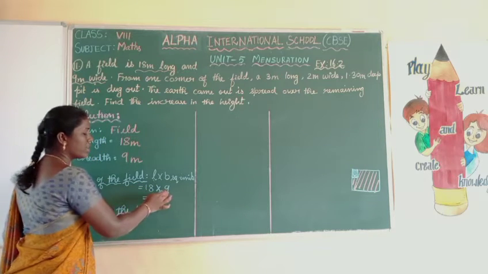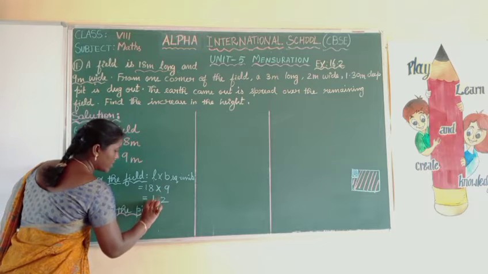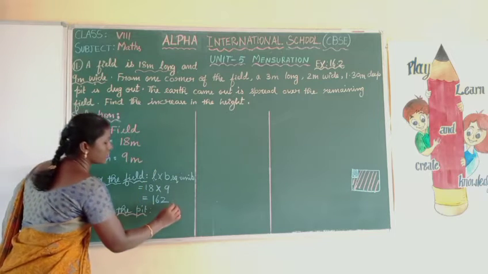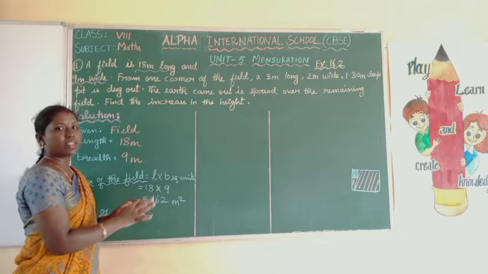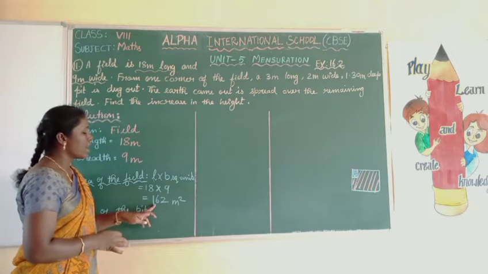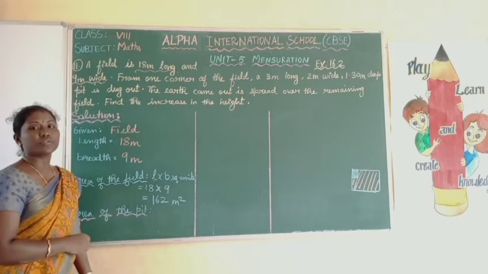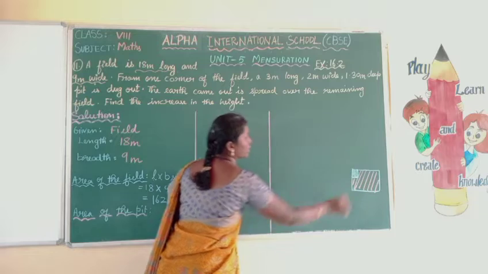If you multiply, 9 times 8 is 72. 2, carry 7. 1 into 9 plus 7 is 16. So 162. What is the measure we have? Meter, so meter square. So the area of the total rectangular field is 162 meters square. Now we are going to calculate the area of the pit, the area of the pit we have dug out. This area we are going to find.